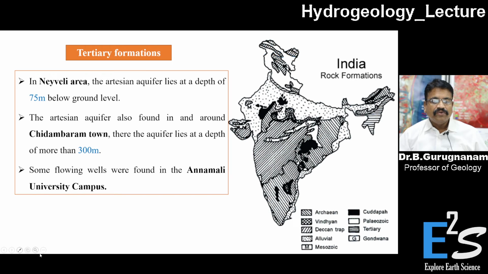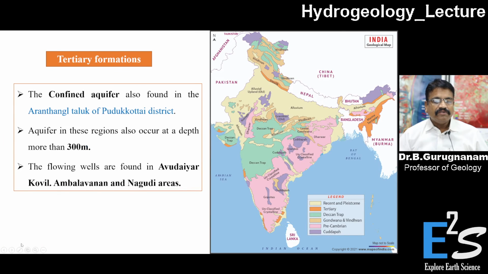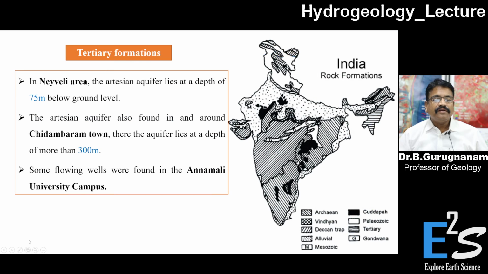Automatically this will go. So I'll just draw using a pen so that we will be able to see. Suppose assume that this is the surface. I am just making a cross section. This is the surface. If the water table is here, and you have a confined aquifer, assume that this is impermeable.